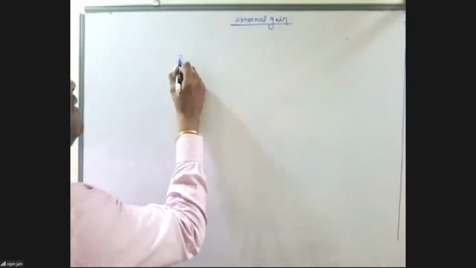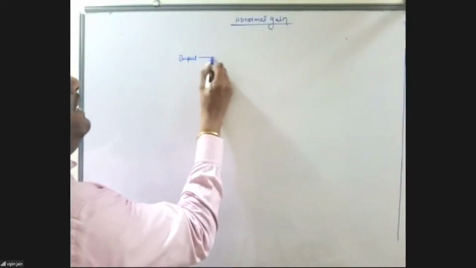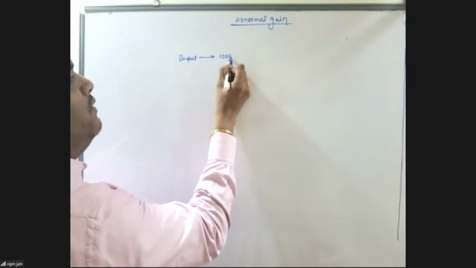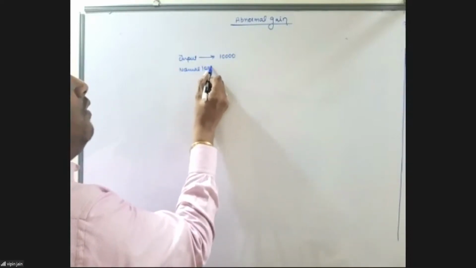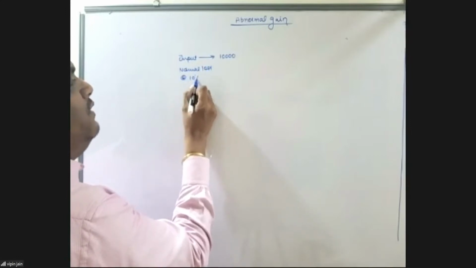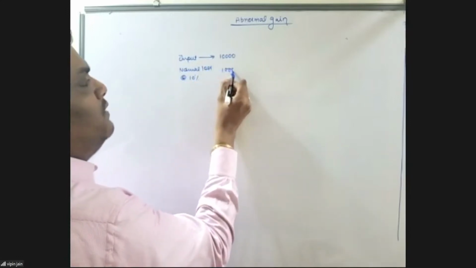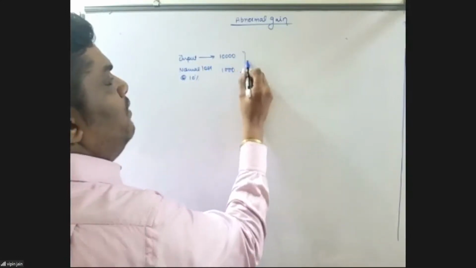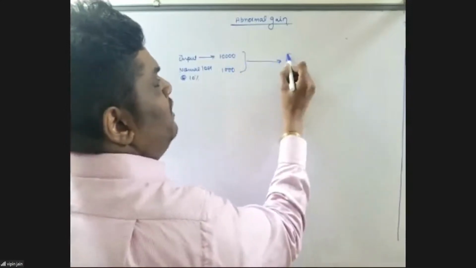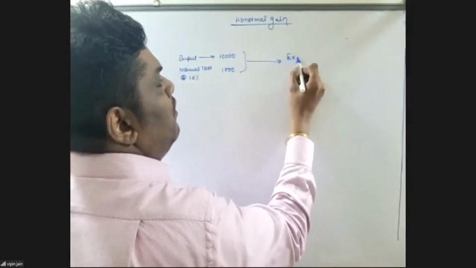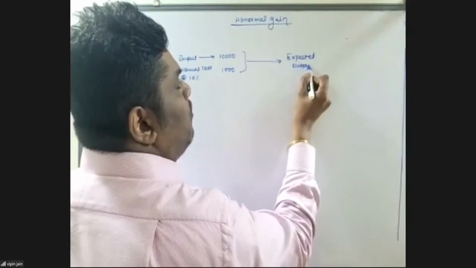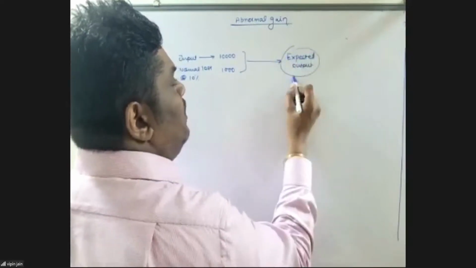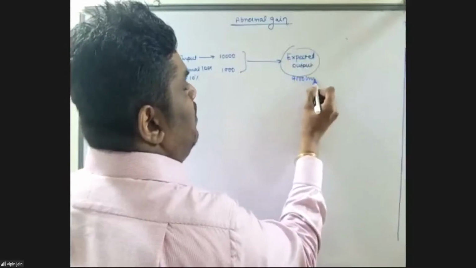Let's say I have made an input of 10,000 units. I'm expecting a normal loss at the rate of 10% of input, so 1,000. So therefore, my expected output is 9,000 units.